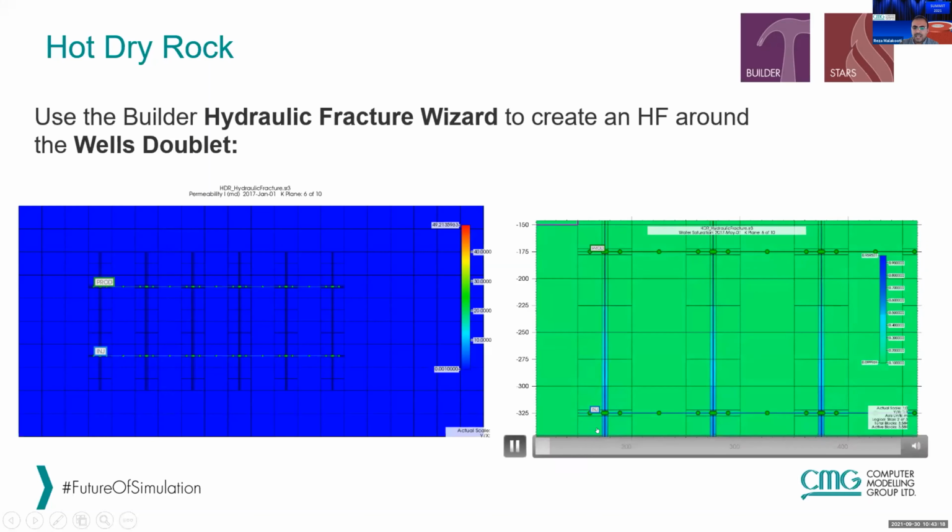The counter current flow could also be checked when, for example, for the first lateral you put the injector on this side, but for the next lateral you use the opposite side for the injection of the fluids. And also alternative fluids, like brine, could be included in those studies.